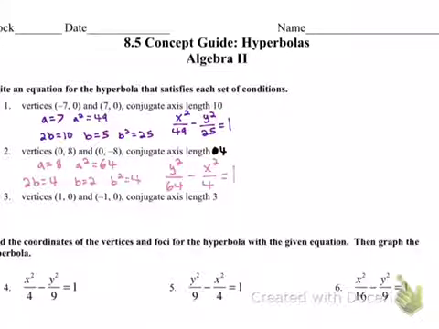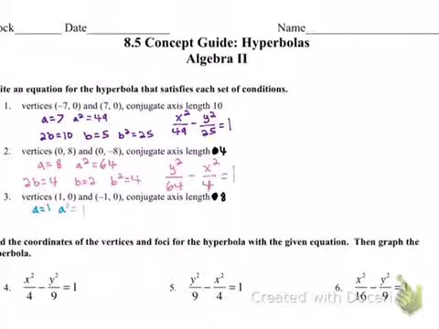Next, I have my vertices at (1, 0) and (-1, 0). So, Andrew, what kind of hyperbola is this? Horizontal. Good job, Andrew. Again, I changed my conjugate axis length to make it a better number, not a fraction or decimal, in these examples.